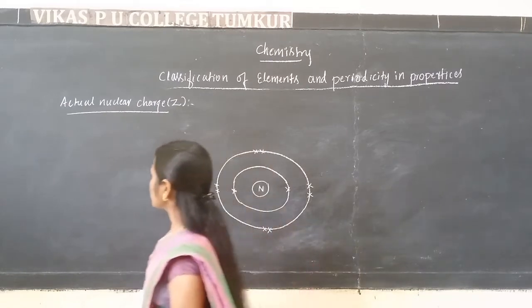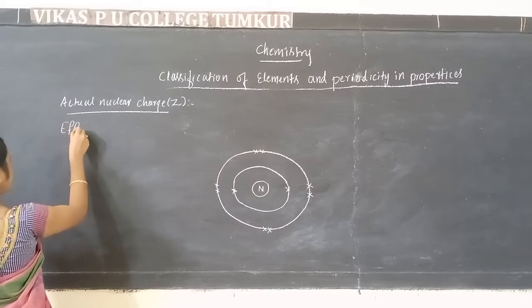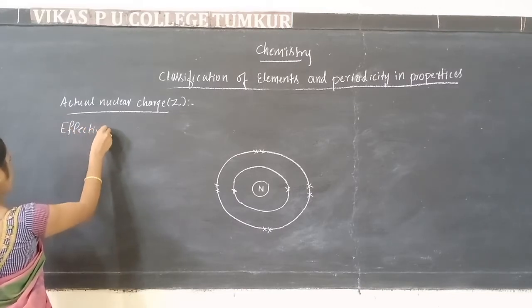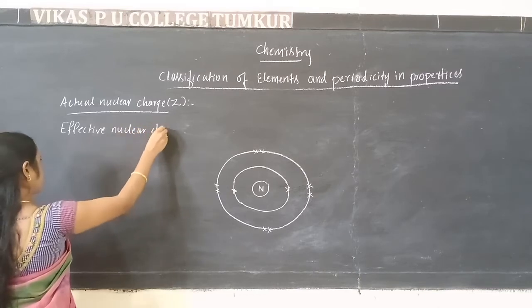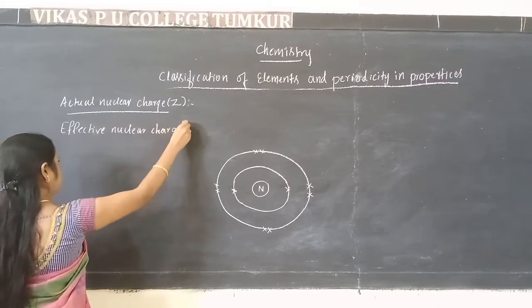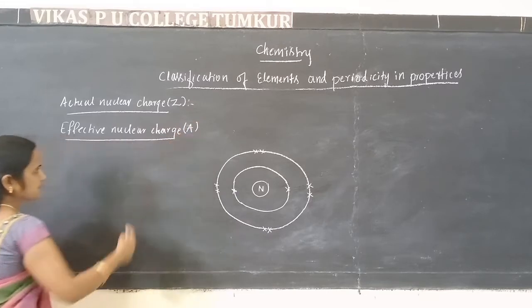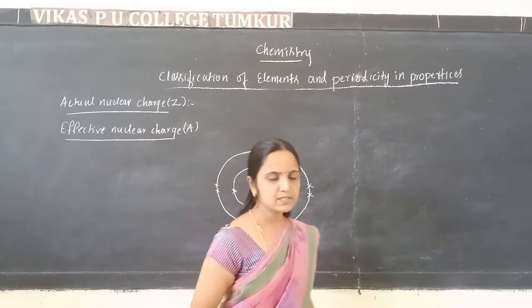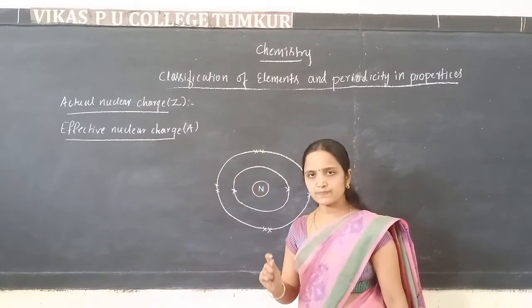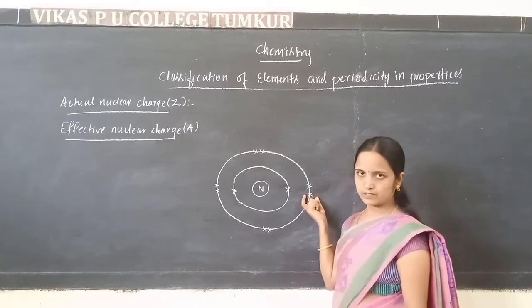Now we are going to discuss what is meant by effective nuclear charge. The effective nuclear charge is represented by A. Effective nuclear charge means the force experienced by the outer electrons from the nucleus of an atom.